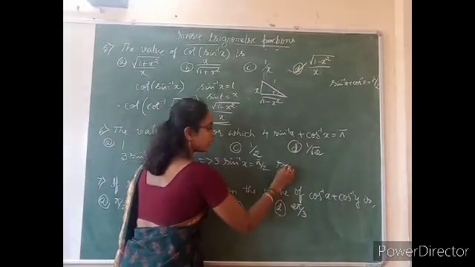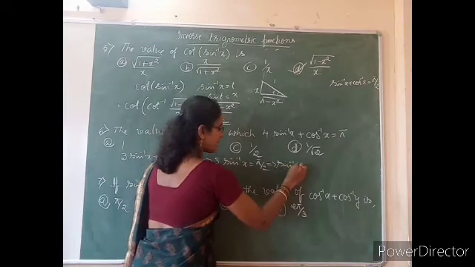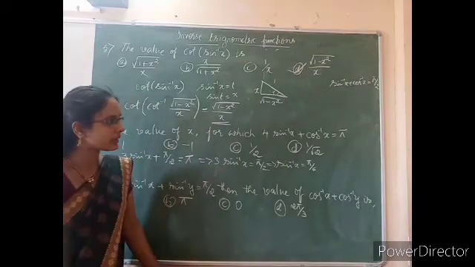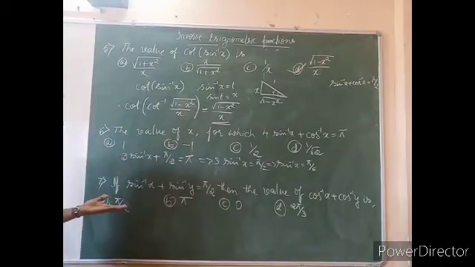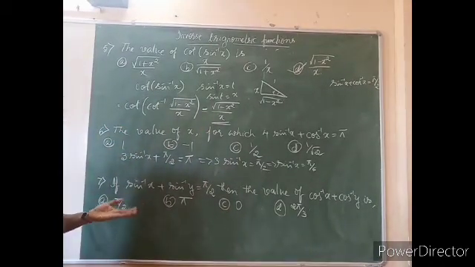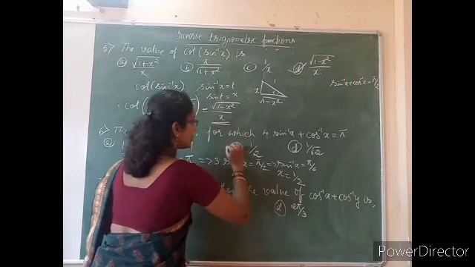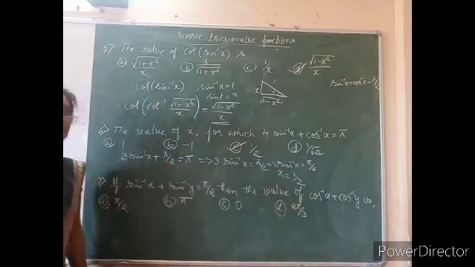Therefore, sin inverse x is equal to pi by 6. You know that when x is equal to 1 by 2, sin inverse of 1 by 2 is equal to pi by 6. Therefore, the value of x is equal to 1 by 2. That is the option C.